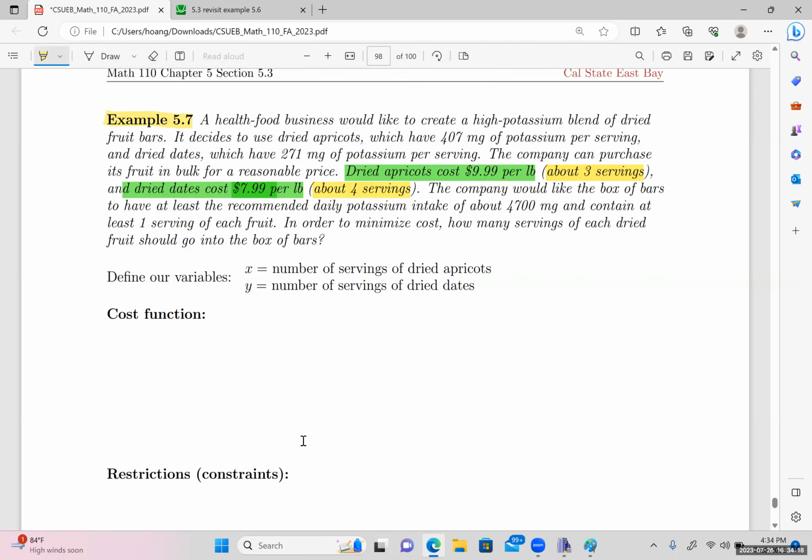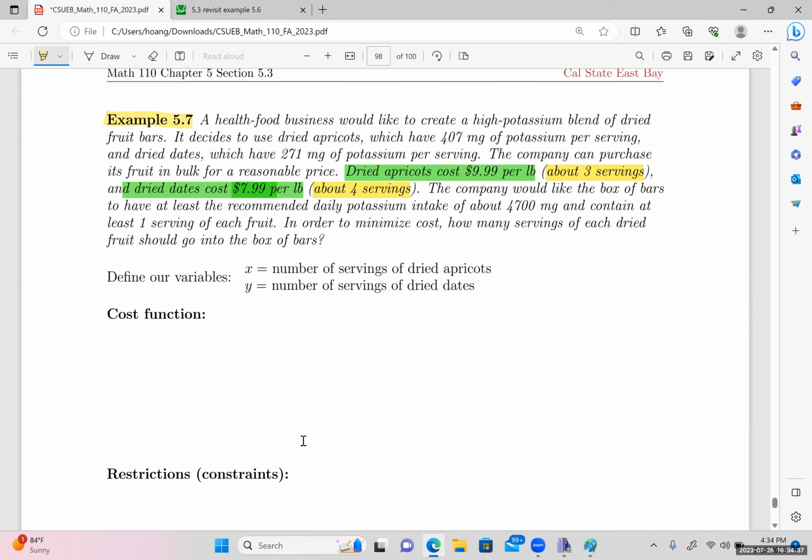The company would like the box of bars to have at least the recommended daily potassium intake of about 4,700 milligrams.